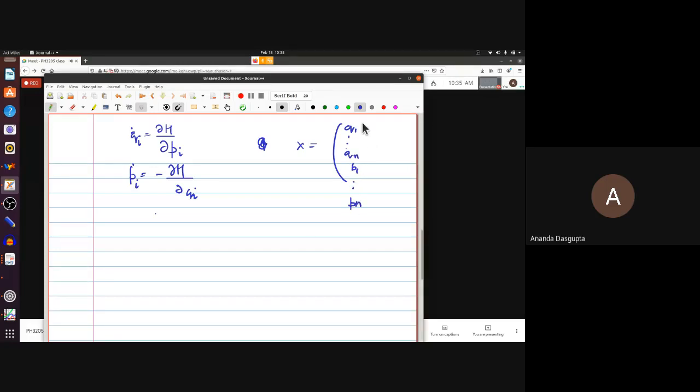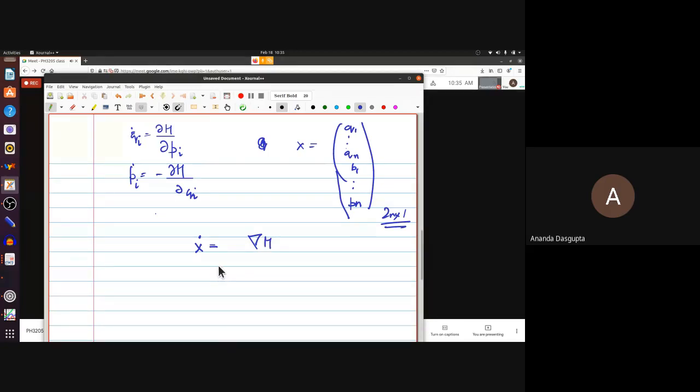So a 2n by 1 column matrix, 2n rows and 1 column, with all the q's put in first, all the p's after that. So the equations can be written. It would be nice if you could write them like this: grad H.